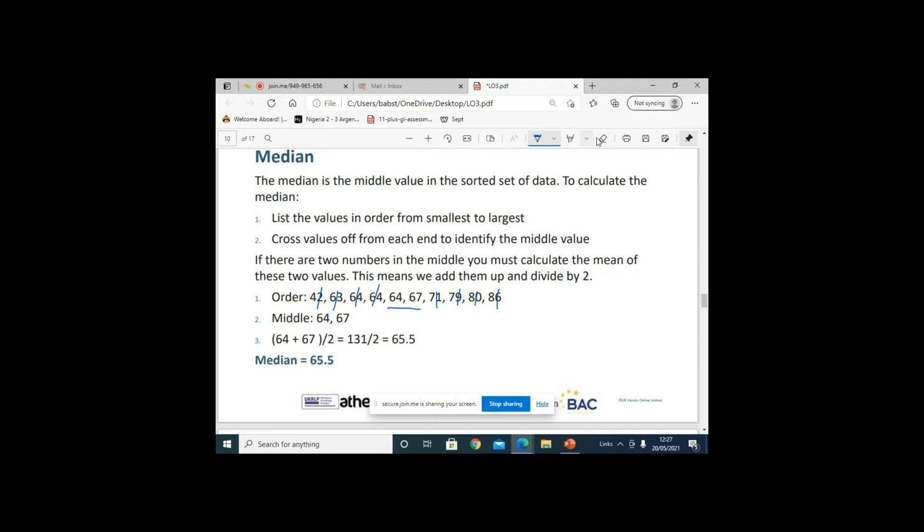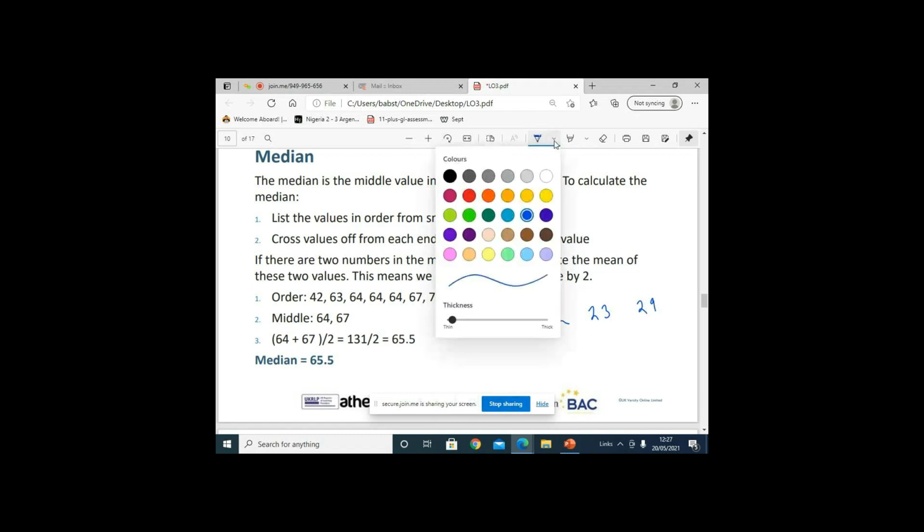In some cases, you have an odd number in a set of data. For example, something like 6, 10, 22, 23, 29. If you look at this, you will realize it is an odd number.